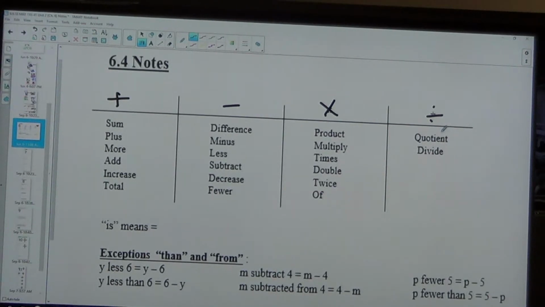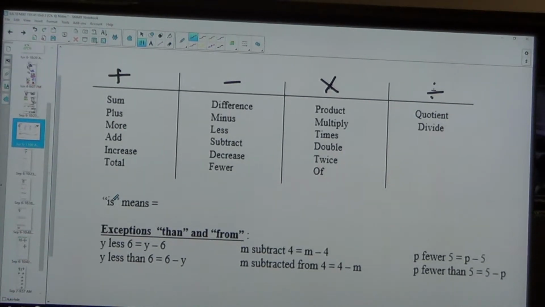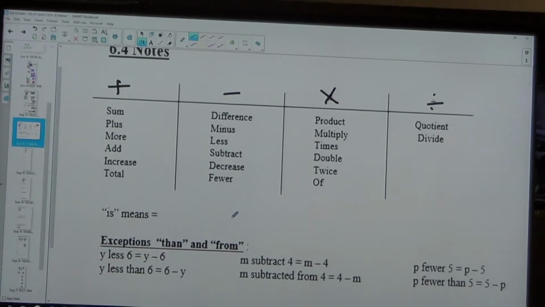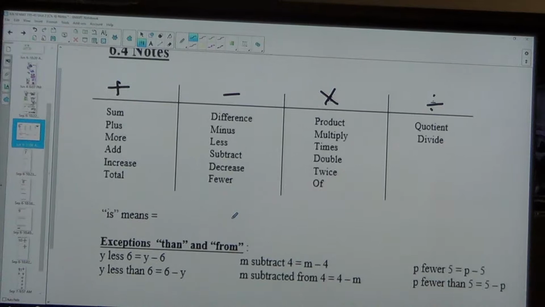And then these are a couple of words that mean divide: quotient and divide. The word is means equal. So if I say 1 and 1 is 2, is usually means equal. So these are just some of the words that mean add, subtract, multiply, divide, and equals.